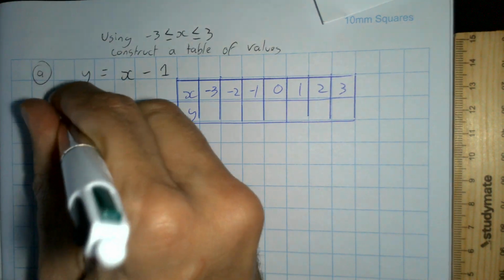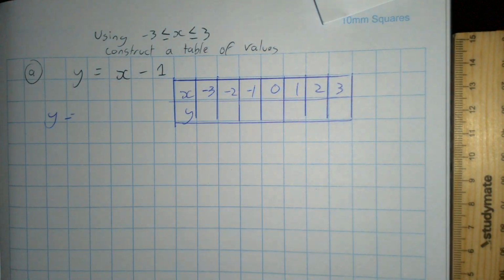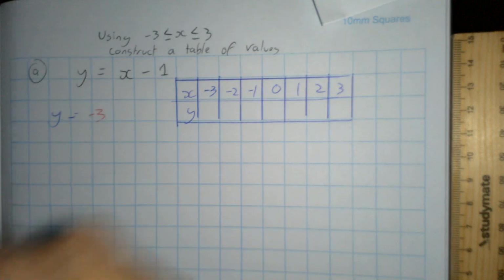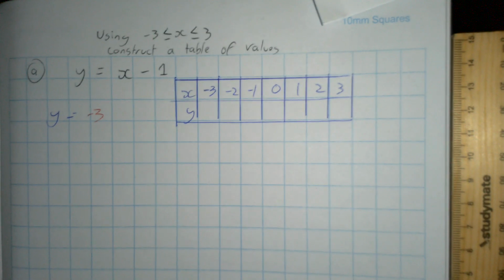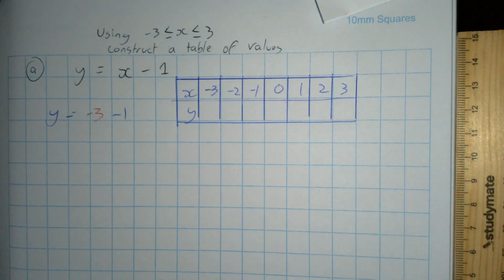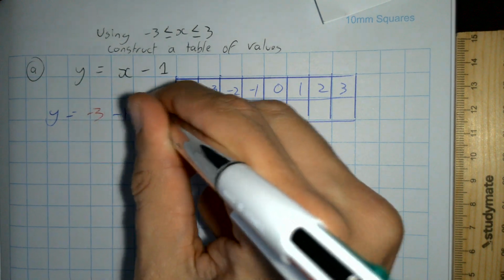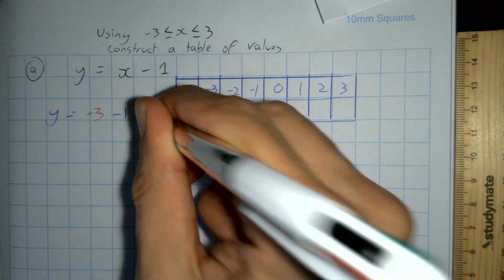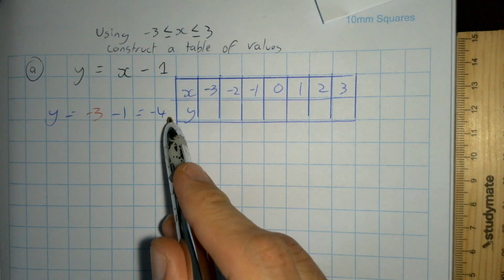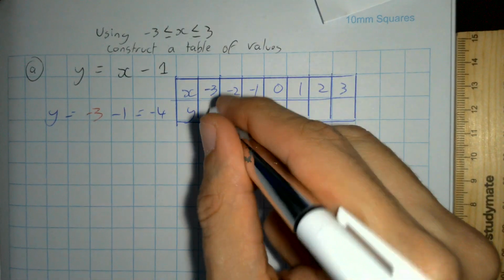So it's going to be y equals -3 - 1. Instead of x minus 1 it will be minus 3 minus 1. Minus 3 take 1 will be minus 4. And then that answer which I've just obtained will go down here.